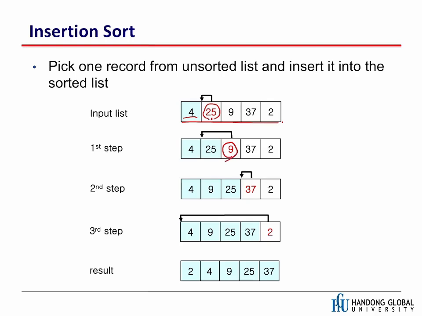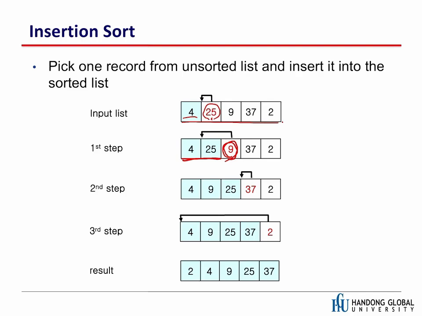we check this 9, and we want to put this 9 in the middle of this list. So basically we have two sections: the light blue colored list and the white colored list.